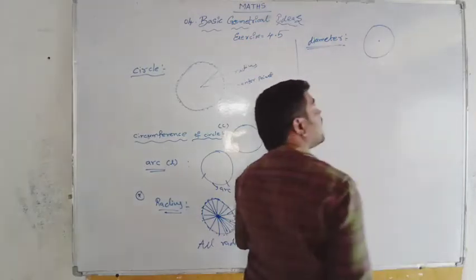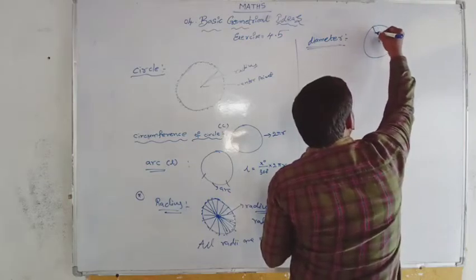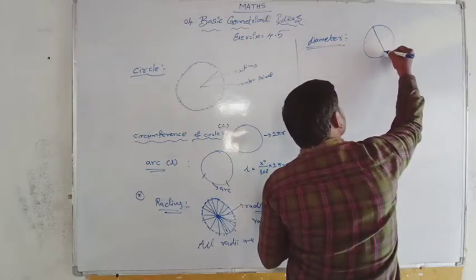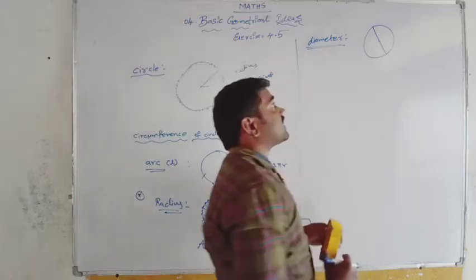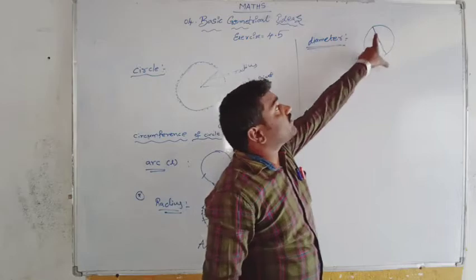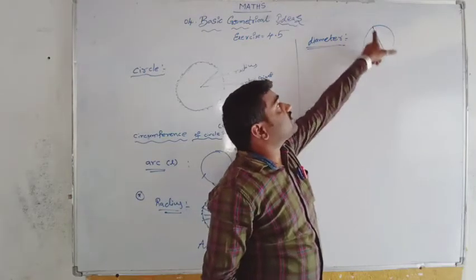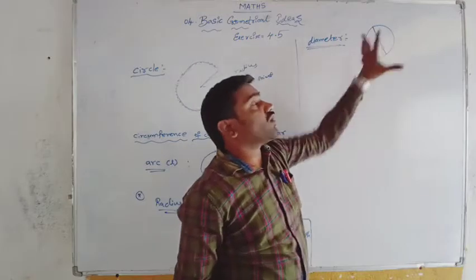Here is a circle and center point O. A line which is passing through the center point of the circle and touches the circumference of the circle at 2 points is called a diameter.